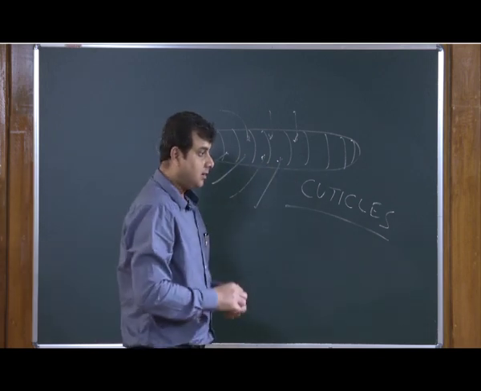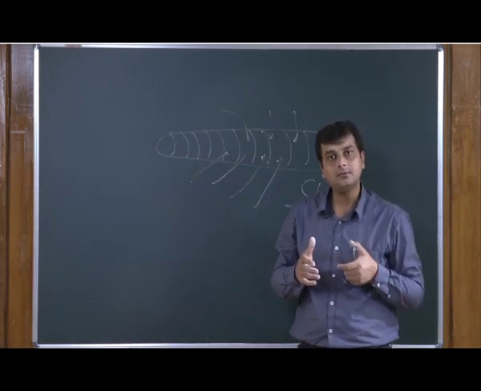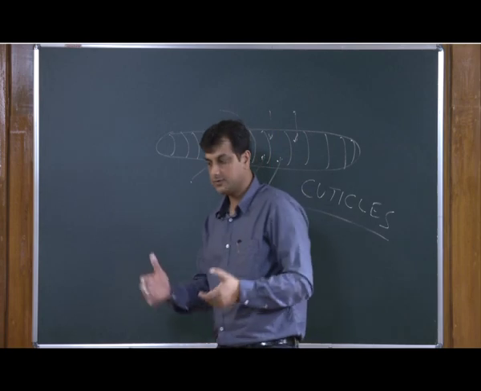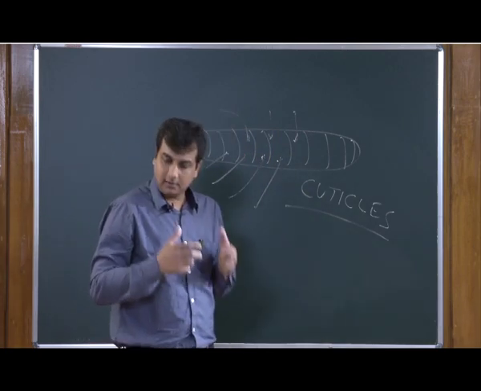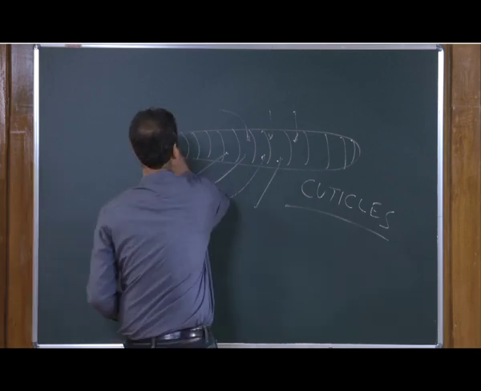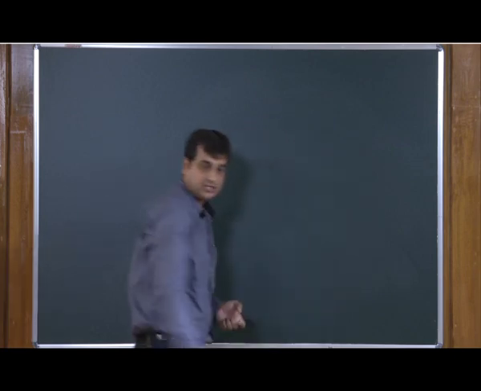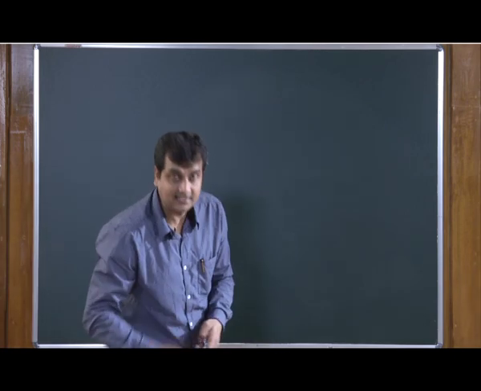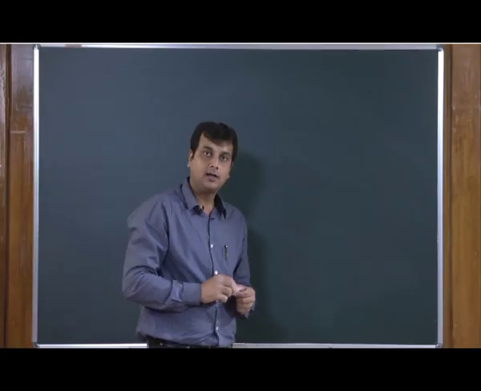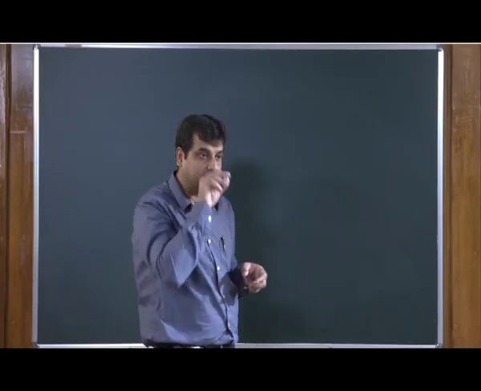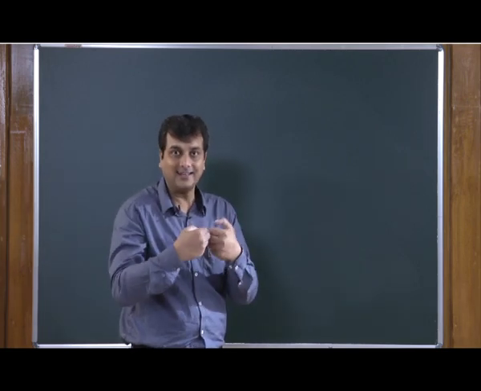Now, as I said earlier, organisms get evolved in due course of time. That happened, and one such evolved organism next in our slide is Arthropoda. Arthro means joint, and poda means leg. So, they have jointed leg appearance.